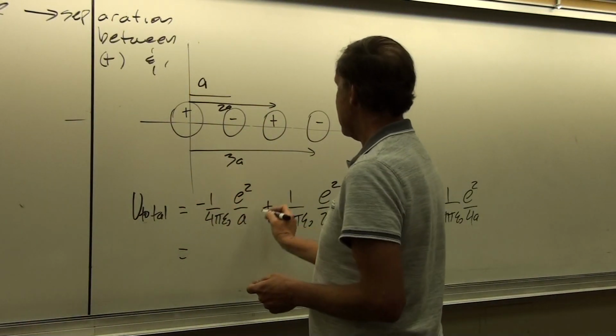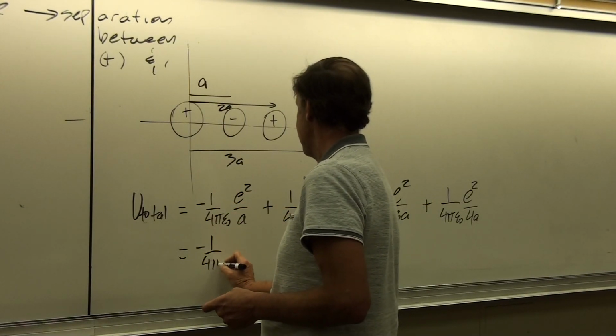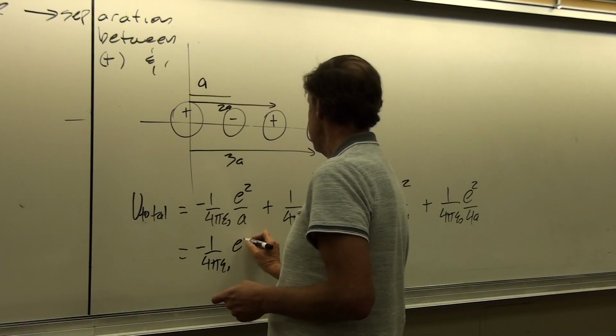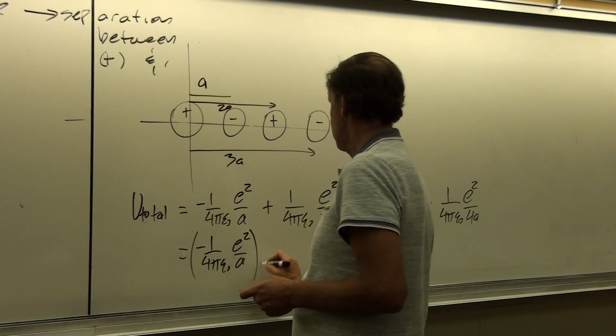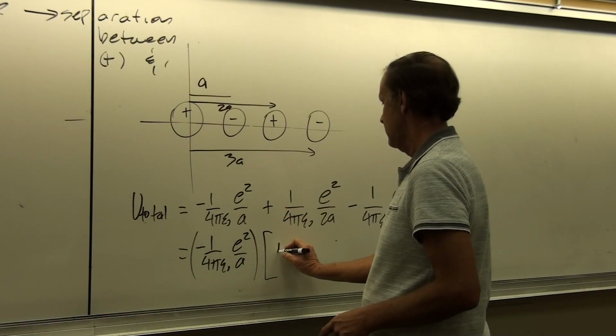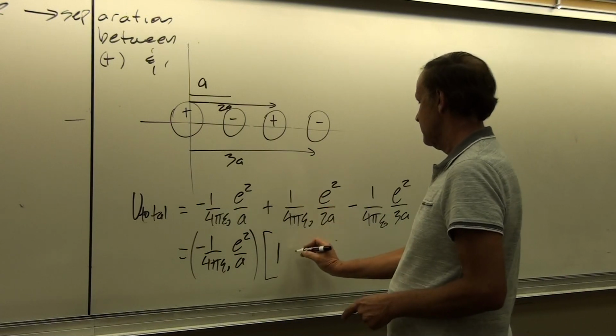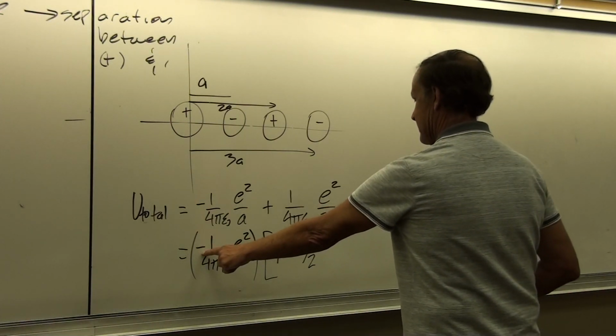Okay, so our common factor then is going to be minus 1 over 4 pi epsilon naught e squared over A. And then we're going to multiply that by, well, this first term is going to be 1. The second term is going to be minus 1/2, because I've already pulled out a negative here.